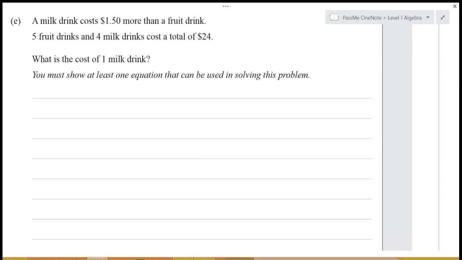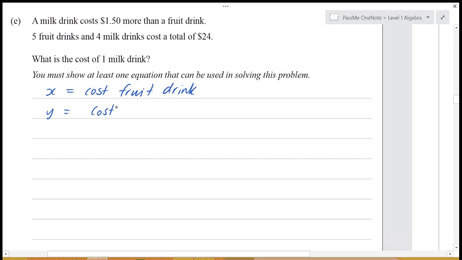So let's just define our variables first. I'm going to say x is the cost of a fruit drink, and y is the cost of a milk drink.